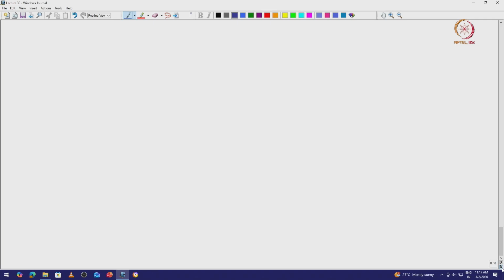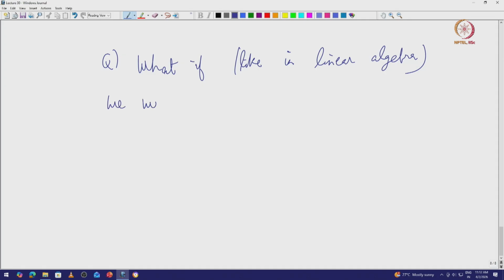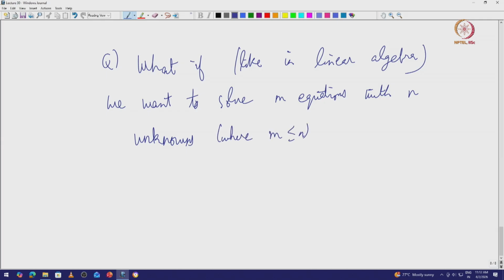So the question is, what if, like in linear algebra, we want to solve m equations with n unknowns, where the number of unknowns is larger than the number of equations. This is the question.